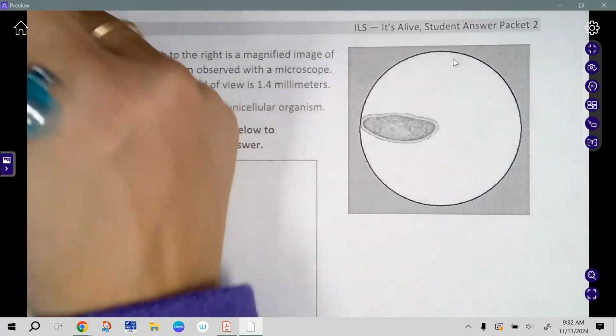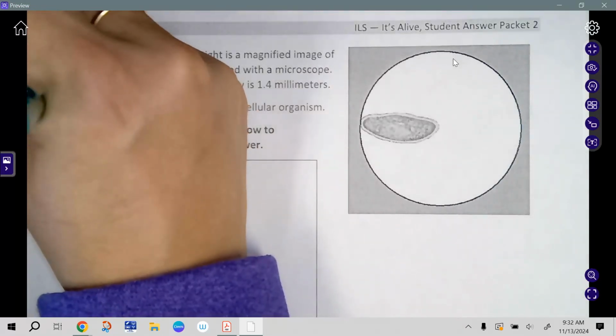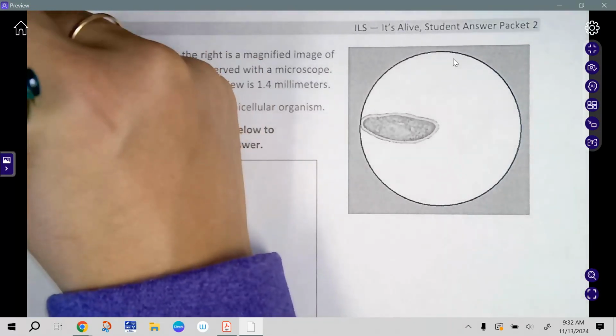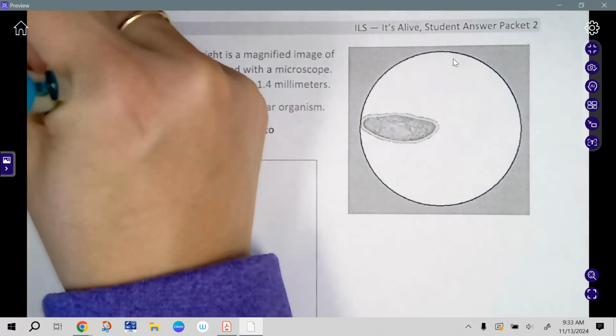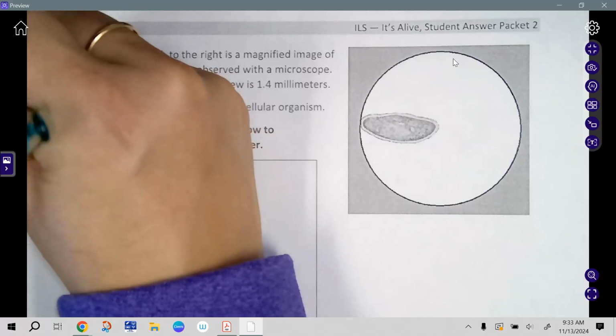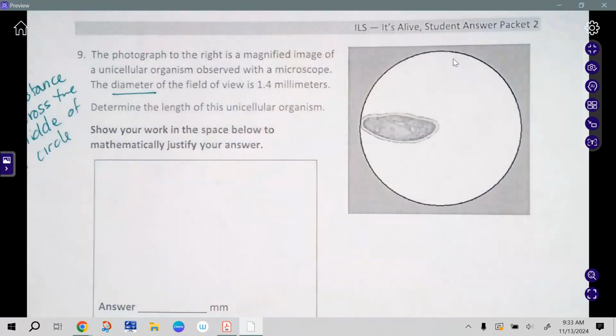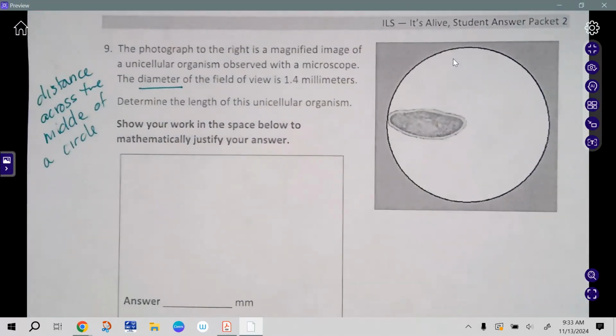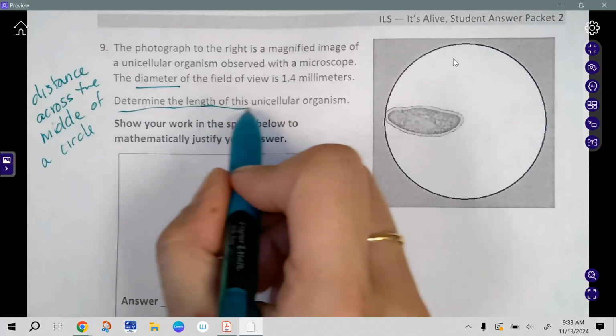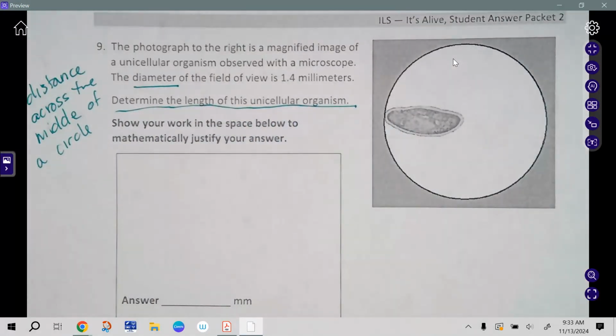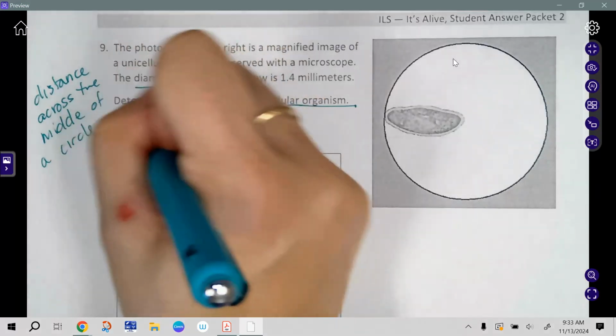So a diameter is the distance across the middle of a circle, right? Mr. Seedorf or Mr. Gennaro will be very happy if we know that. So you're going to determine the length of this unicellular organism, and you're going to show your work.